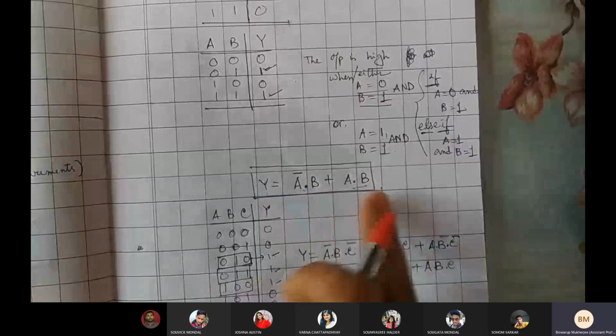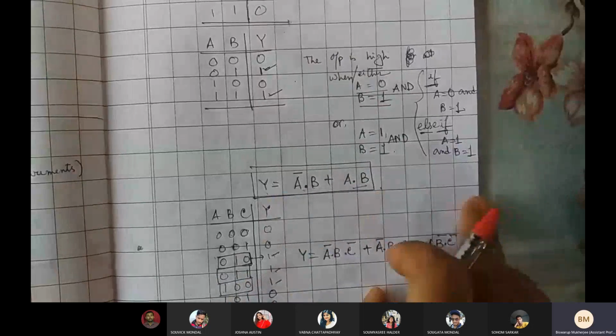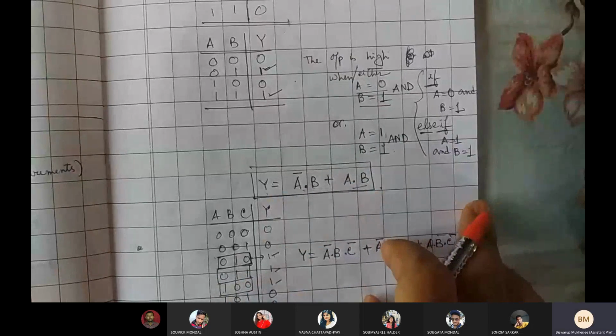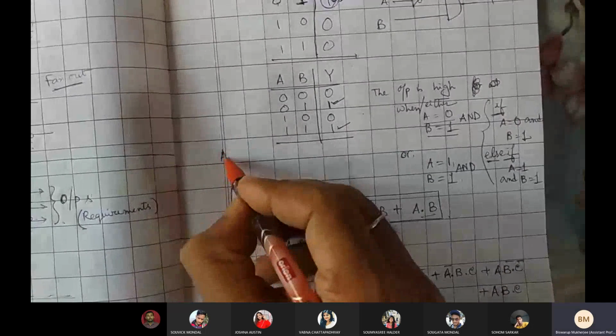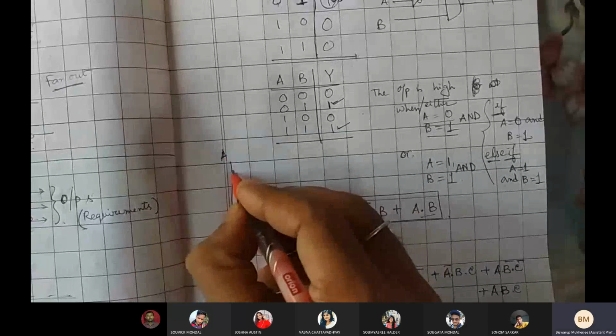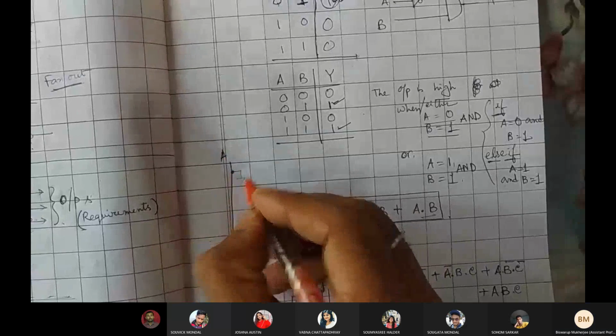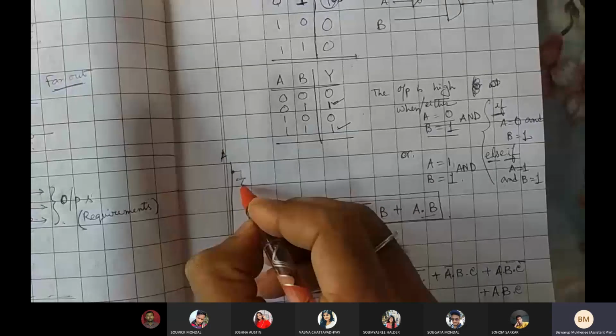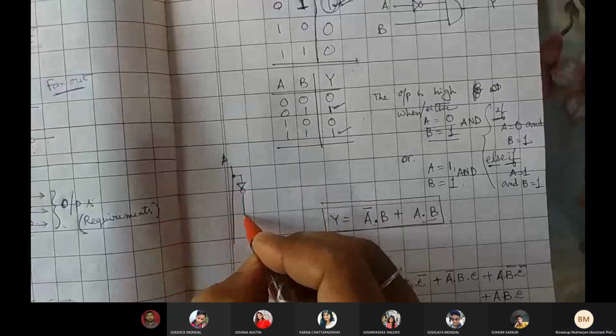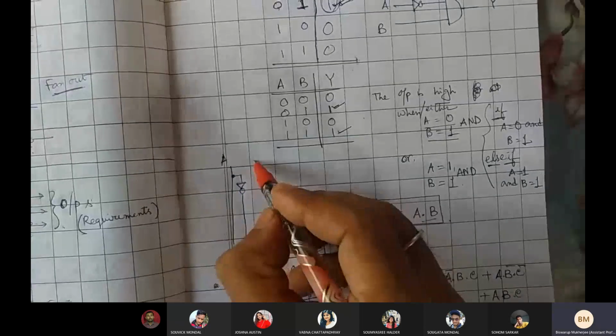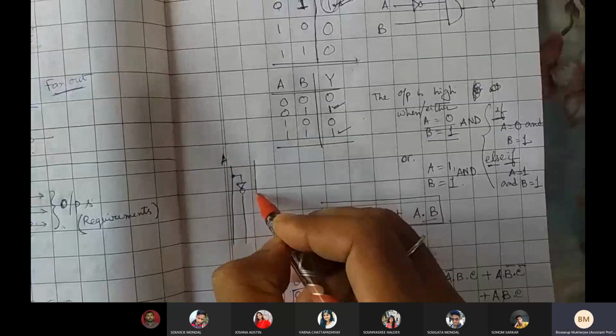Very easy thing. If you go for this one, two different terms are there. What we generally suggest is to proceed like this: A is there, then we draw an inverter, draw a line, again B is there.